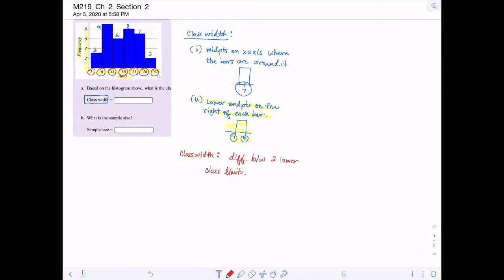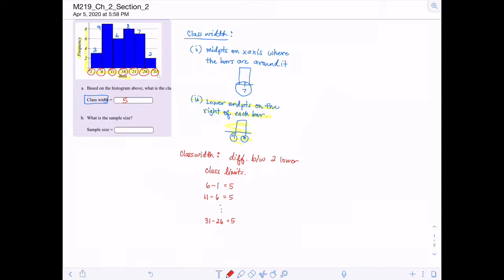So if I look at the first one, I get 6 minus 1 is 5. I can try the second one, 11 minus 6 is 5, and I can guarantee all the way from 31 minus 26, I'll get 5. Therefore, the class width is 5.